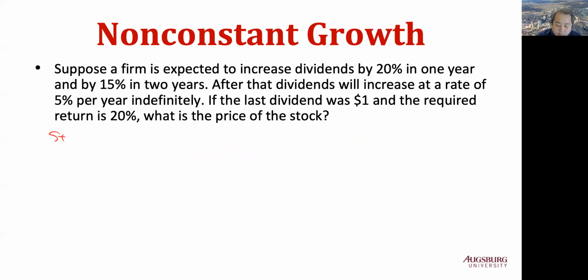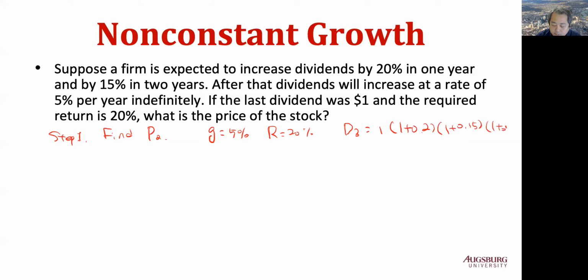So step 1, find price year 2, the timing when it starts to behave like the constant growth model. Because we have G, 5%, and R, 20%, and then we need D3, which is $1, first year 20% increase, second year 15% increase, and third year 5% increase.